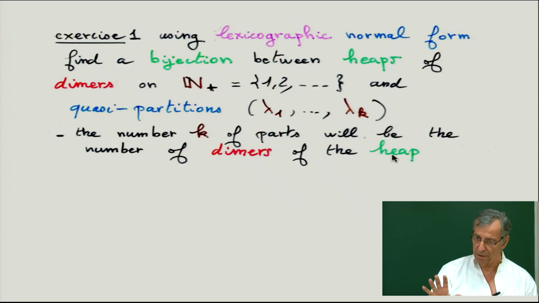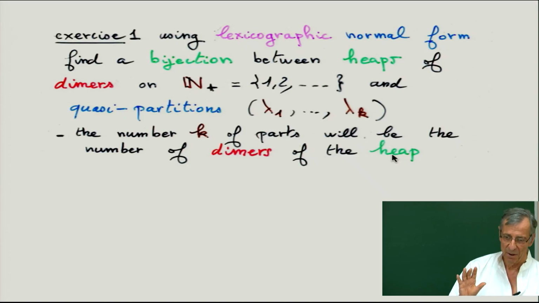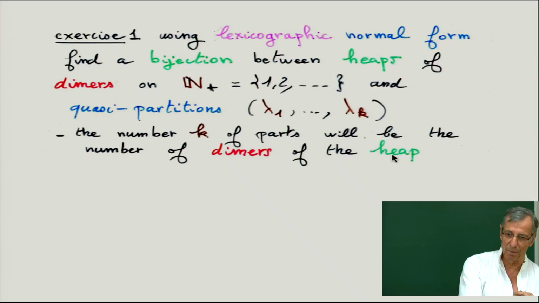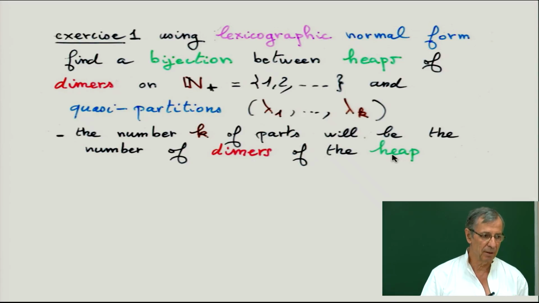So any heap of dimers, no condition on the heap, will be in bijection with a quasi-partition, such that each dimer will correspond to a part of the quasi-partition.